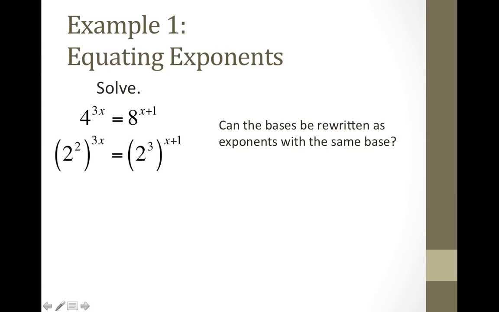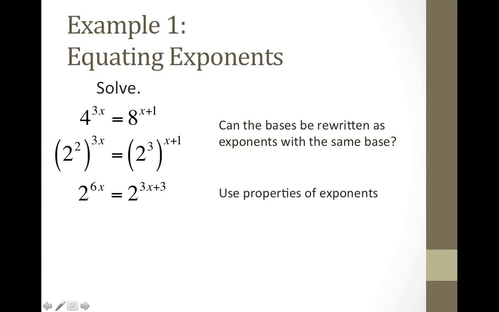Once we've done that, then we want to use properties of exponents to simplify. So hopefully you remember that when you take a power raised to another power, that means we can multiply those powers together. So here, taking the 2 times the 3x gives us the 6x right here.